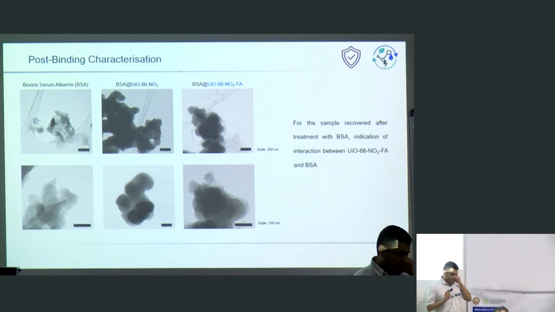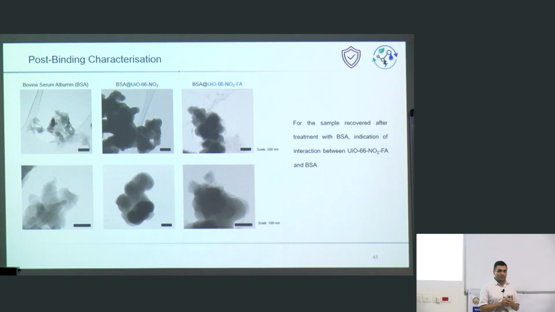We also want to look at images. We like seeing electron microscopy images. So the one on the left panel is just the protein BSA. This is the zoomed in version of this particular one. It has this flaky, thin crystalline shape, crystallites. The one in the middle is the morph without any functional group treated with the protein, where you see that the dark images are for the morph, but you don't see any flaky things in that image anymore.